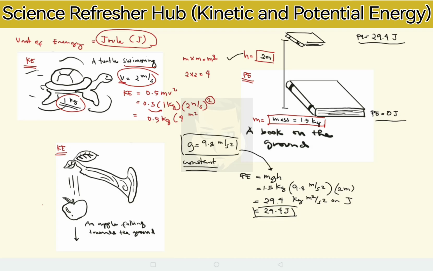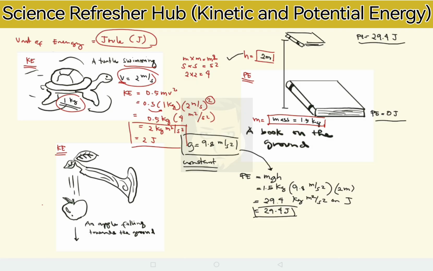And put meter squared here. Over seconds times seconds, it's second squared. So that's second squared here. And then we will multiply 0.5 times 4. So you can have 2 kilogram meter squared over second squared. Or 2 joules. That's the kinetic energy possessed by this swimming turtle.